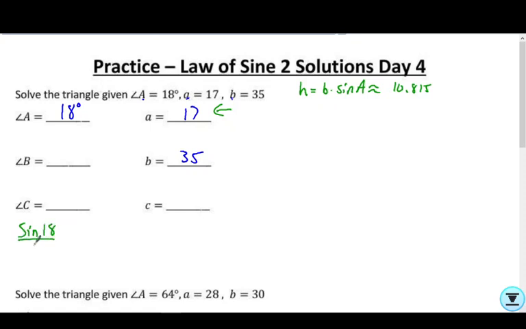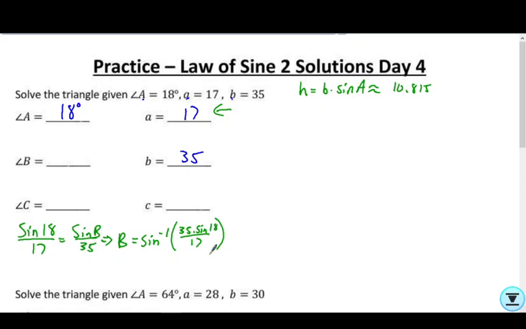So sine of 18 over 17 equals the sine of B over 35. Therefore, B equals inverse sine of 35 times the sine of 18 over 17.